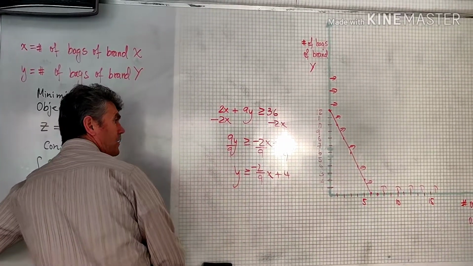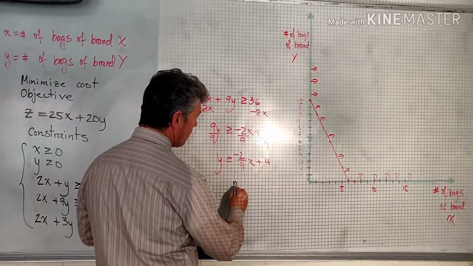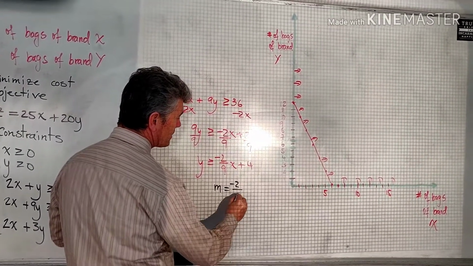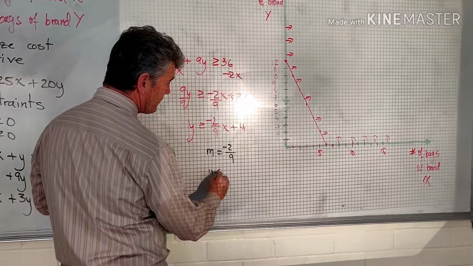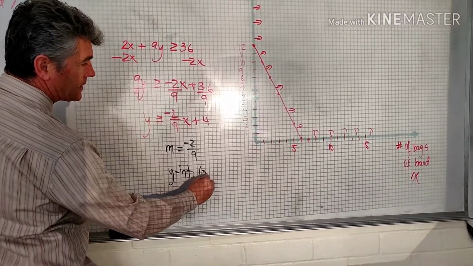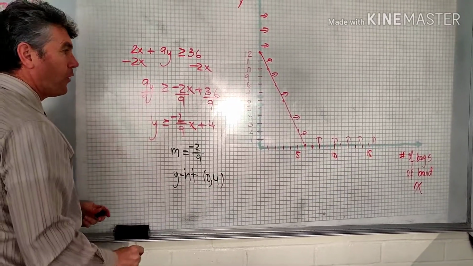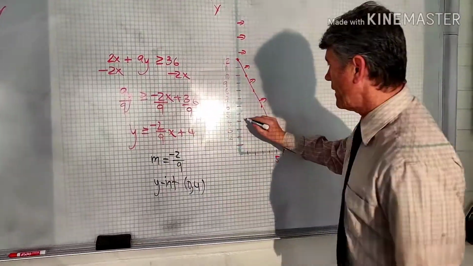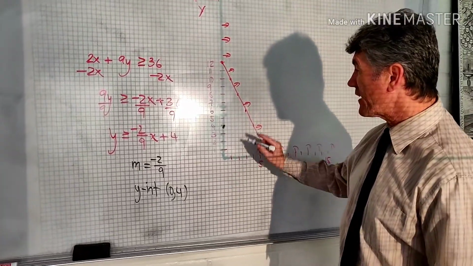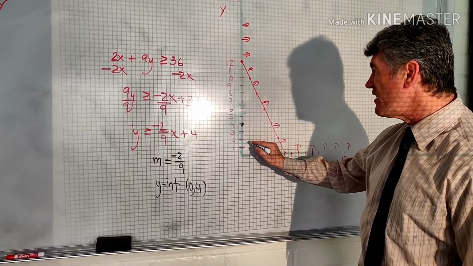Let's use a different color. The slope is negative 2/9. The y-intercept is (0, 4). Plot a point at (0, 4). And then go 2 units down and 9 to the right.